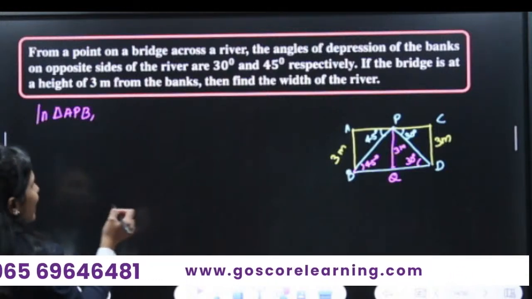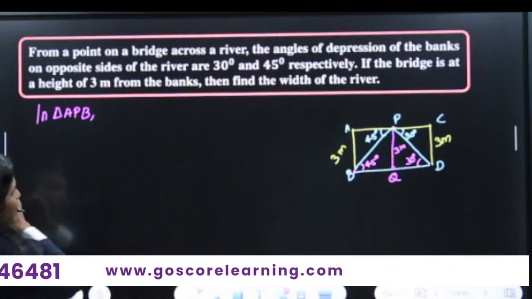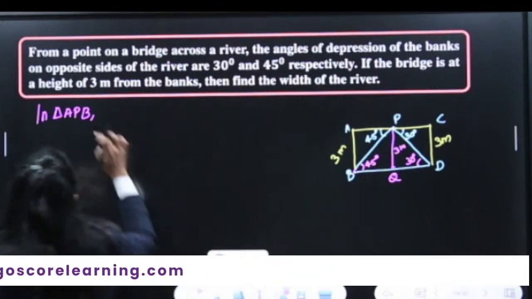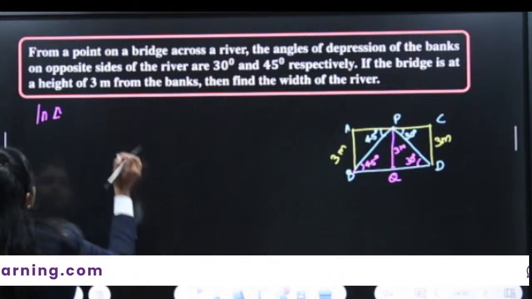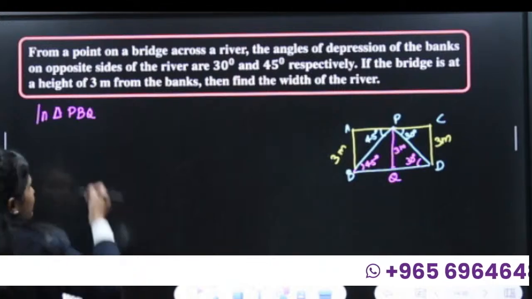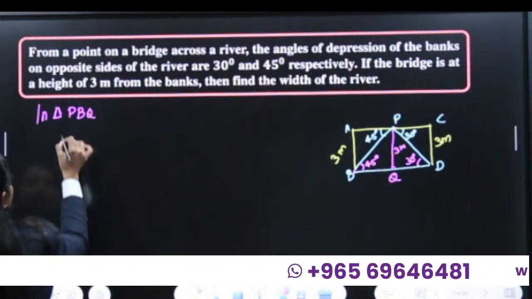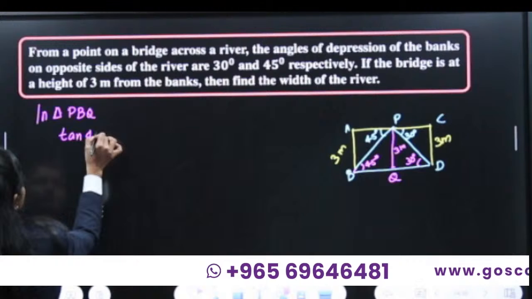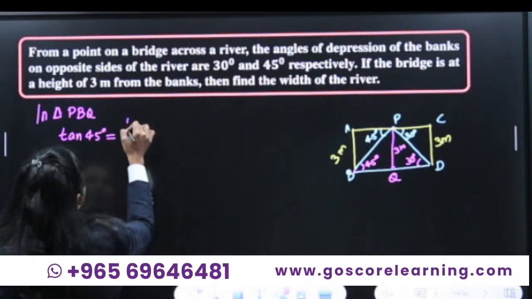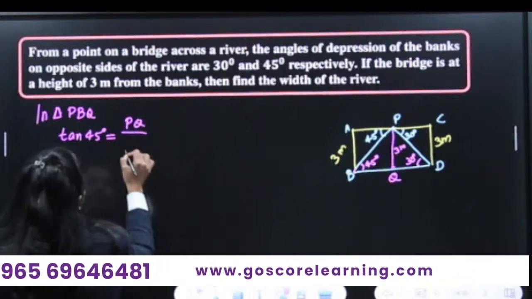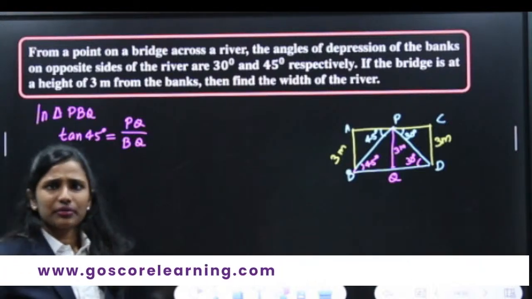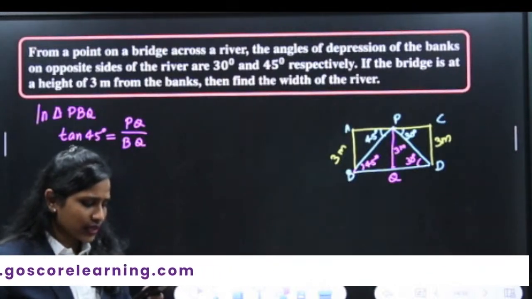We will get tan 45. Sorry, not APB, PBQ. I'll take triangle PBQ. In that triangle tan 45 is equal to opposite side PQ divided by adjacent side BQ.